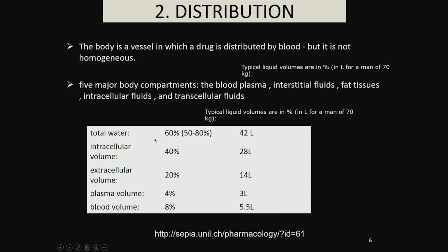Look at this: total water is 42 liters, intracellular volume could be 40%, 28 liters, extracellular volume 20%, 14 liters, plasma volume 4%, blood volume 8%. Depending upon which contributes towards the absorption of the drug, the volume can change, depending upon the nature of the drug, the health of the patient, the race, the gender, and so on.